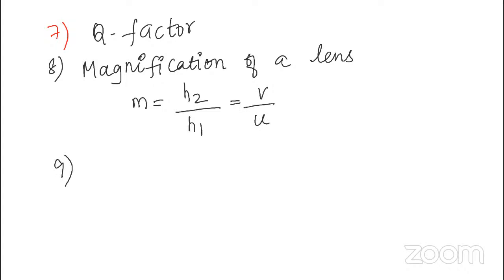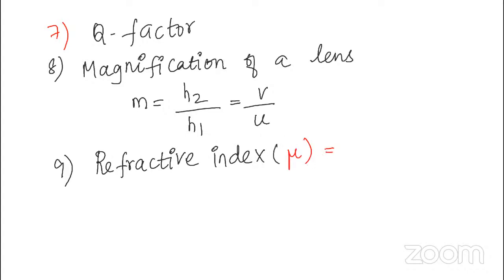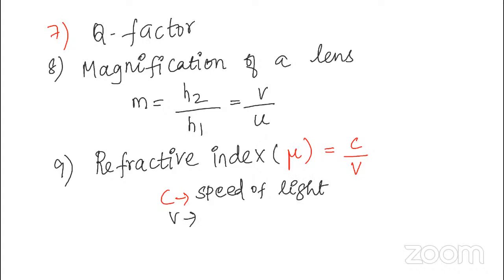Next one, refractive index. Refractive index is represented by the letter mu. Mu is equal to c by v, where c is the speed of light and v is the velocity of light, that is the phase velocity.